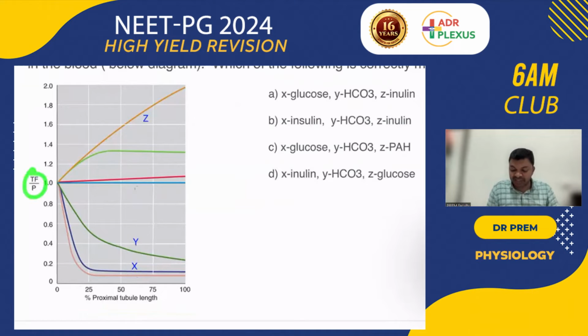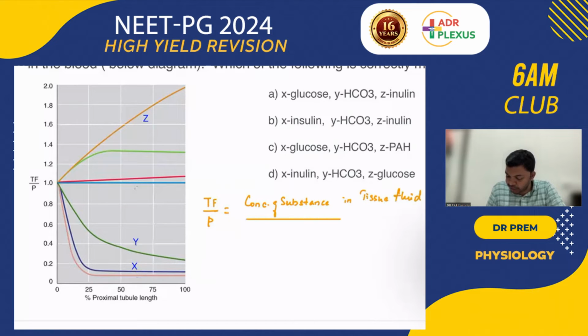And the y-axis says TF by P. Please remember this value TF by P represents the concentration of that substance in tissue fluid divided by the concentration of that same substance in plasma.